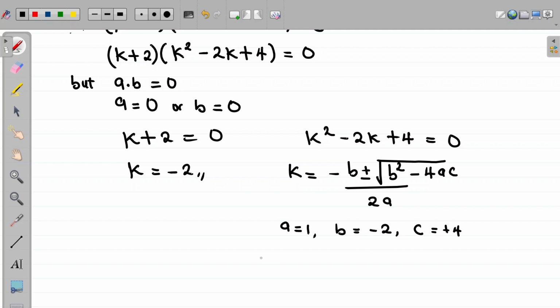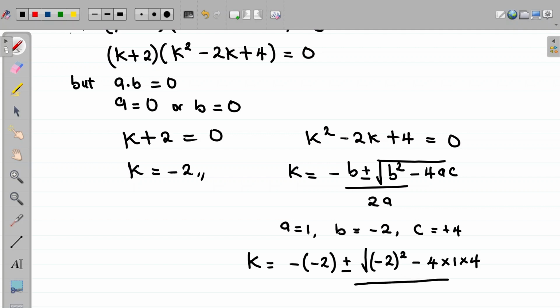So if we substitute, we have that k is equal to minus negative 2 plus or minus root of negative 2 all squared minus 4 times 1 times 4, divided by 2 times 1.